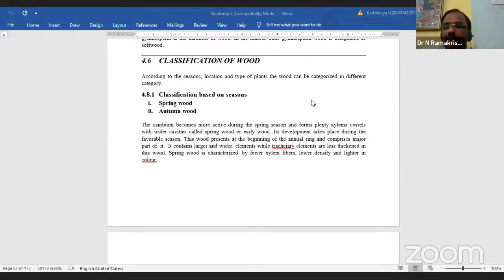For example, in normal secondary growth, after 10 days or 15 days it comes like this. In abnormal development, it comes very heavy. The development goes very fast.